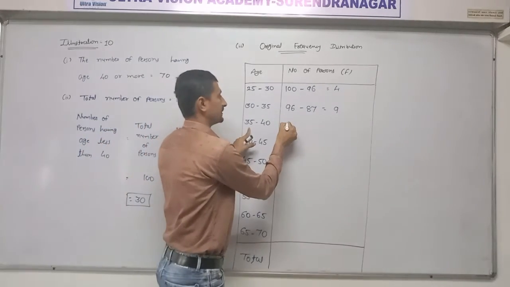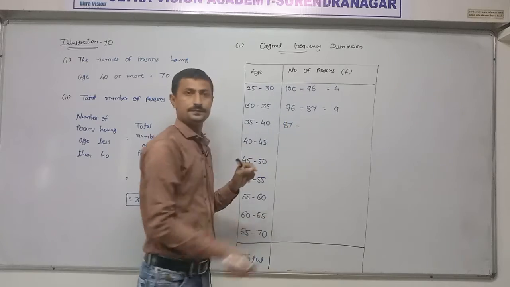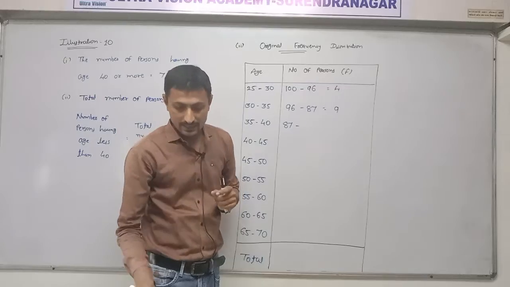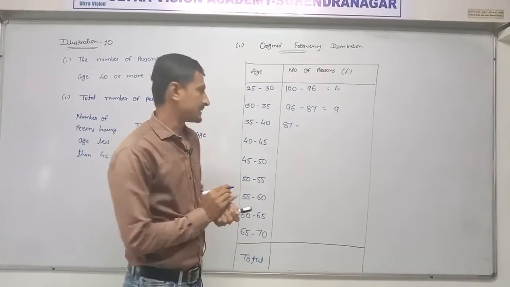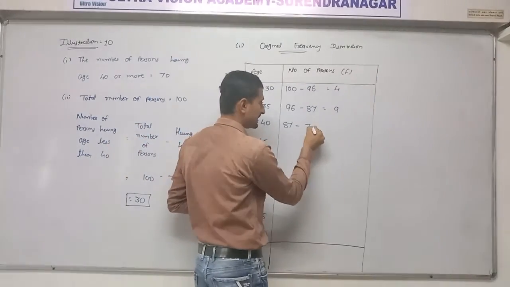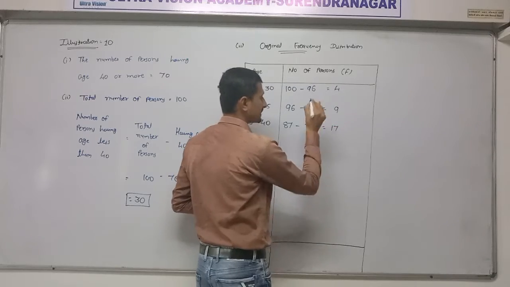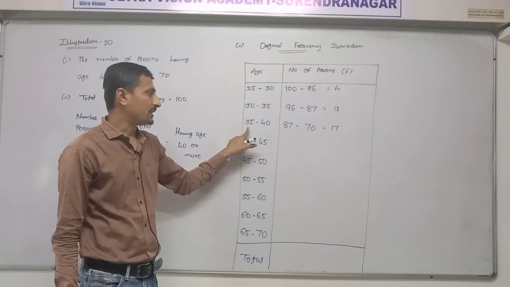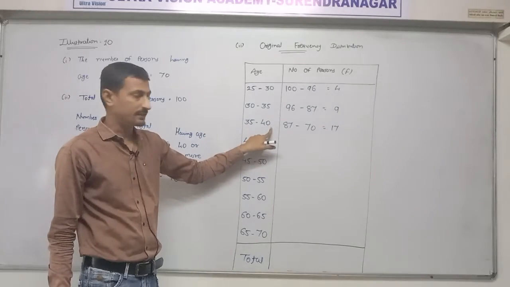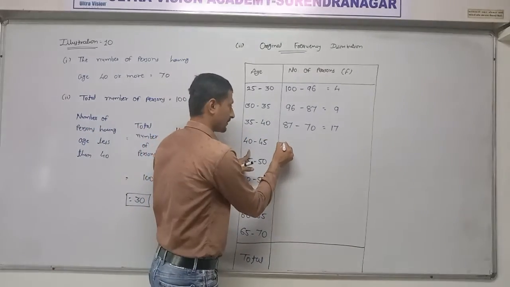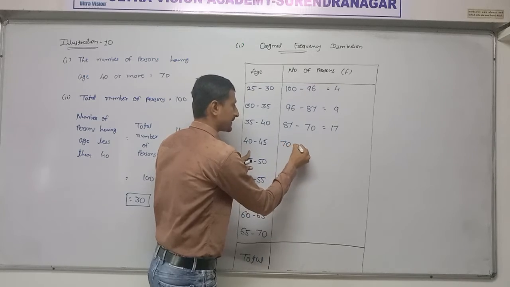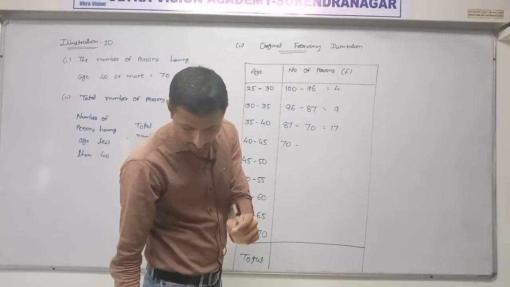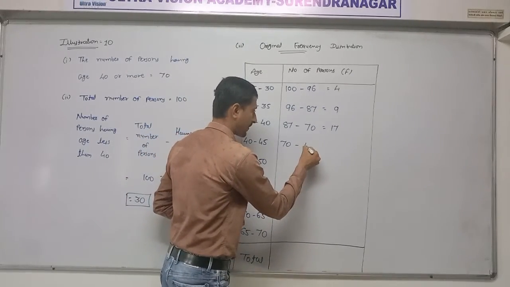Next, 87 minus having age 40 or more, which is given as 70. So 87 minus 70, 17 persons having age between 35 to 40. Okay, age 40 or more, number of persons 70, minus having age 45 or more, number of persons is 45.